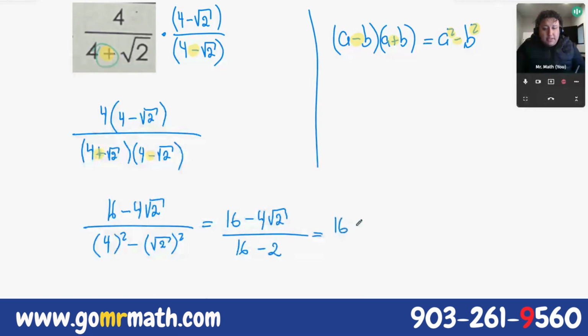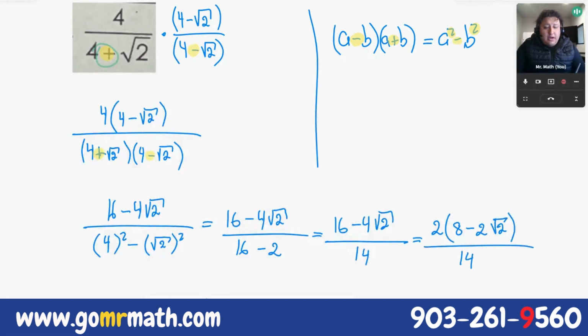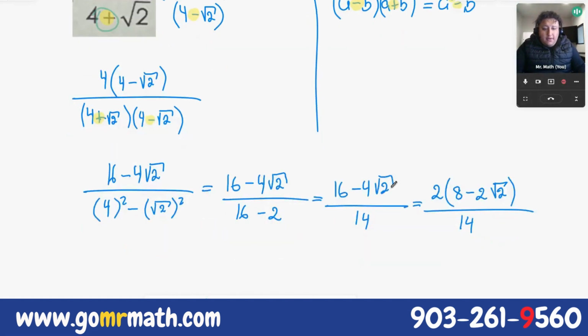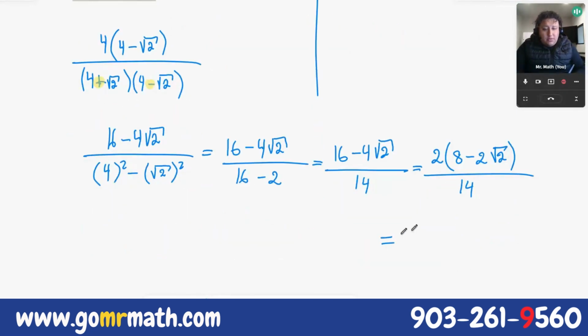We'll have 16 minus 4 root of 2 over 14. Let's take a common factor of 2: 8 minus 2 root of 2 divided by 14. Dividing by 2, we take the half of each one, and our result is 8 minus 2 root of 2 divided by 7.